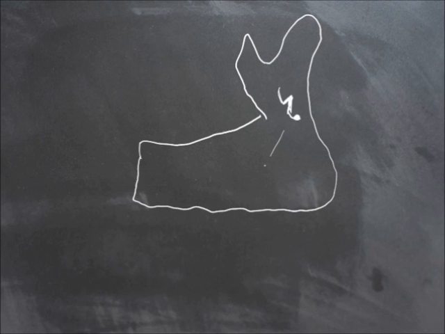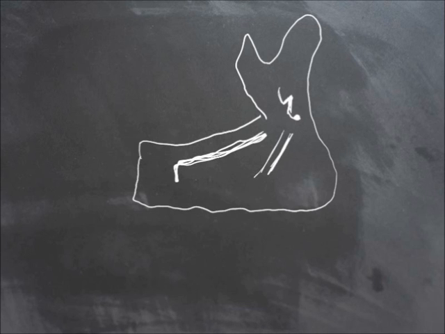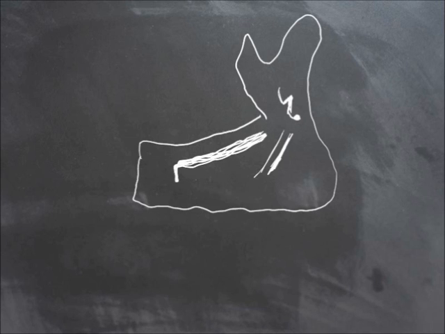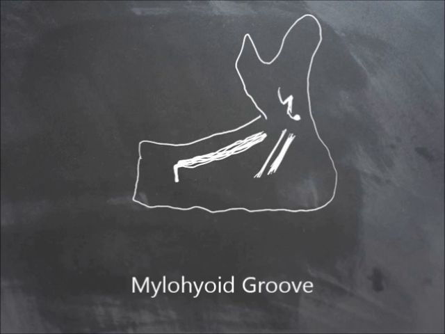Then we have a line going this way and a groove. The line is called the mylohyoid line and is for attachment of muscle. The groove is called the mylohyoid groove and is for passage of vessels.